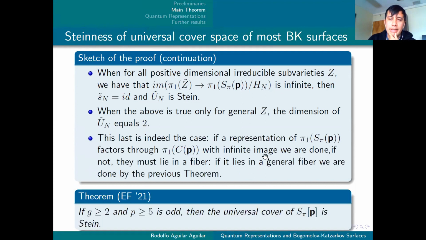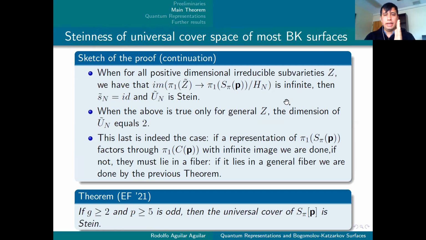The way to prove it is that if we have a general irreducible subvariety like this, we consider the image of the fundamental group in the base, in the curve, and it has an infinite representation image. But if this doesn't work, that means that the subvariety is in the fiber.